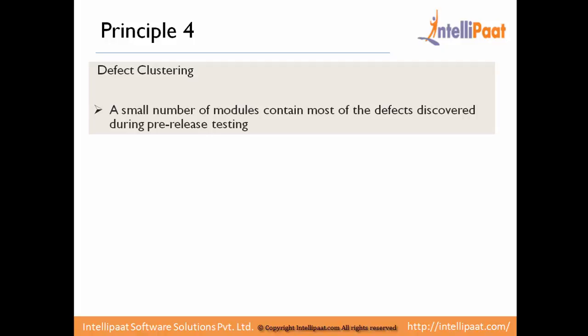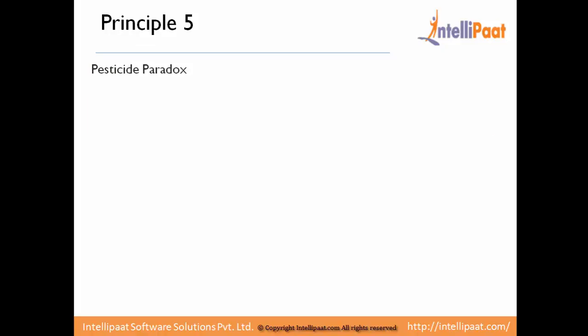Instead, if you stagger it, arrange the modules in terms of their priority, and initiate the testing of some modules before even the build comes for you to test, then it makes sense and you could identify at least some percentage of defects during pre-release testing itself.